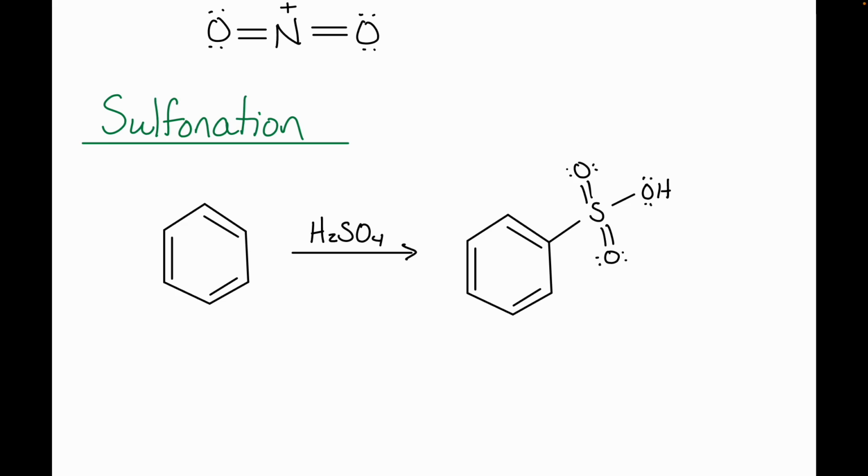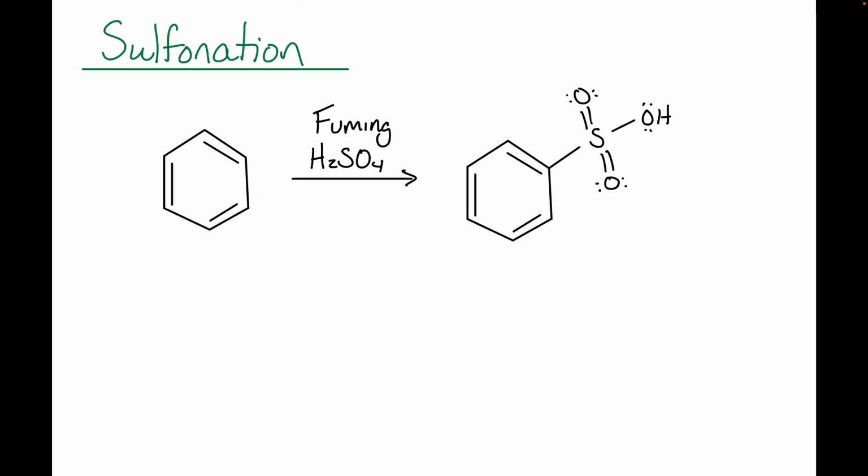All right, again, we need to have some sort of a catalyst in here to create an even better electrophile. They call it fuming sulfuric acid. You basically boil the sulfuric acid, and it's the fumes that your benzene will react with. Again, what happens is that strong sulfuric acid undergoes a dehydration reaction, creating our electrophilic species.